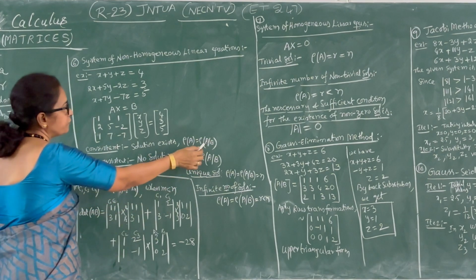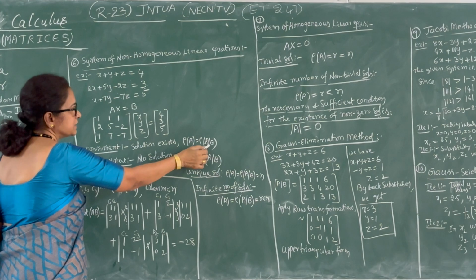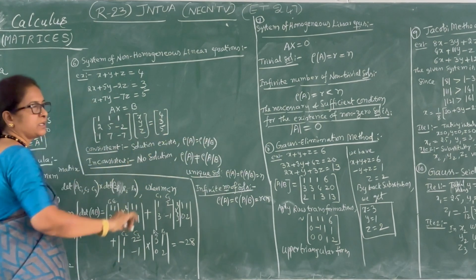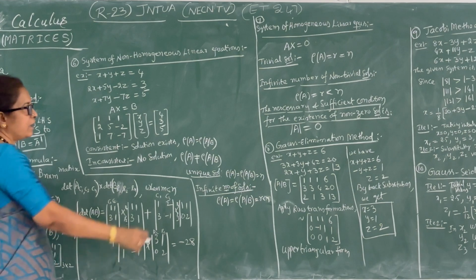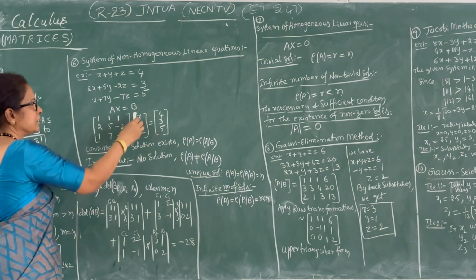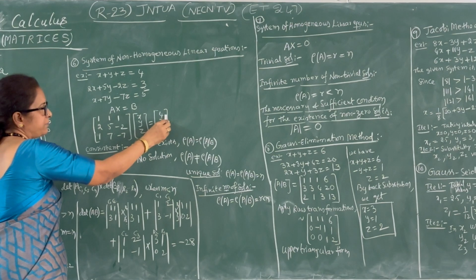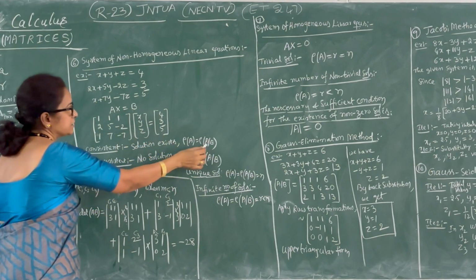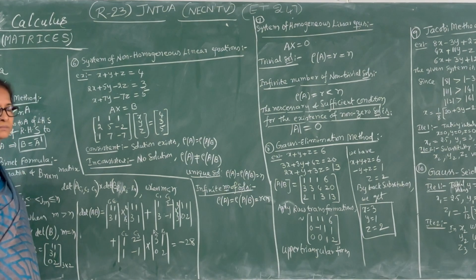First we have to find the rank of this augmented matrix by reducing it into echelon form. How do we get this augmented matrix? By attaching the elements of B to the last column of A, we get the augmented matrix.